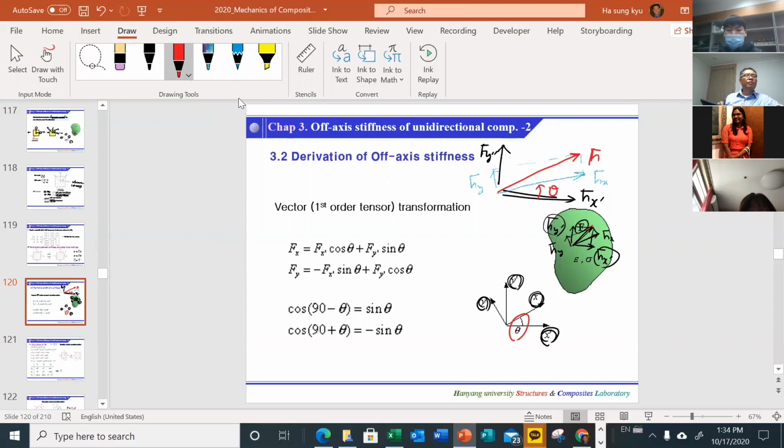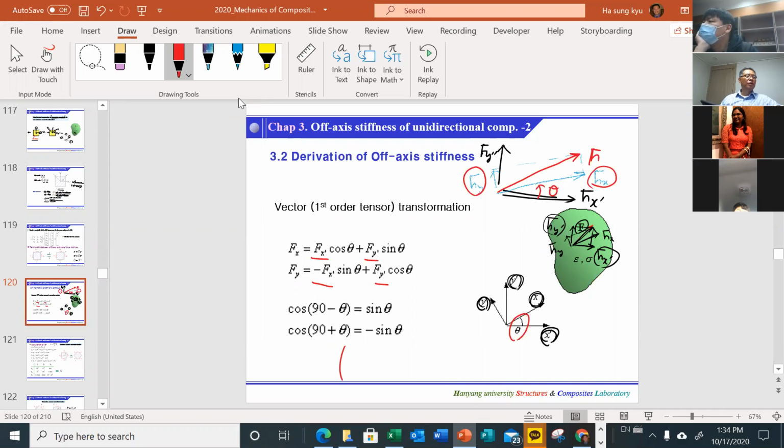Now, for example, this fx has relations with fx prime and fy prime. We know these relations. This is the vector transformation. And this fy also has relations with fx prime and fy prime. We're not going to derive these relations, but we clearly know there are relations like that.